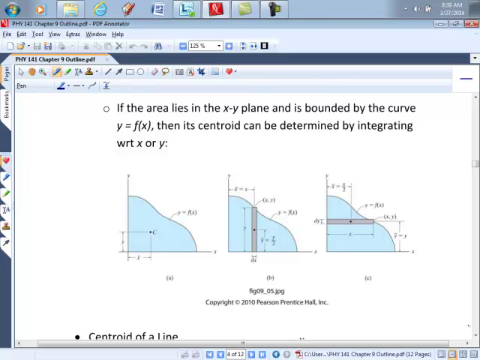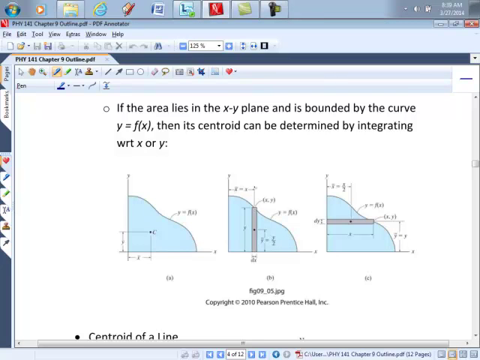The only thing to note on here is if we're integrating with respect to x, then the centroid of this differential, it doesn't look differential, but we can imagine that this is a differential sized element here. The centroid of this, x tilde, is x. The y centroid when we're integrating with respect to x is y over 2, because this has no thickness.